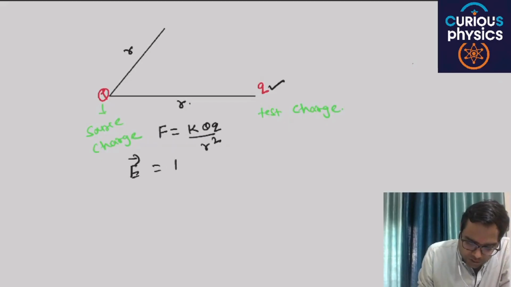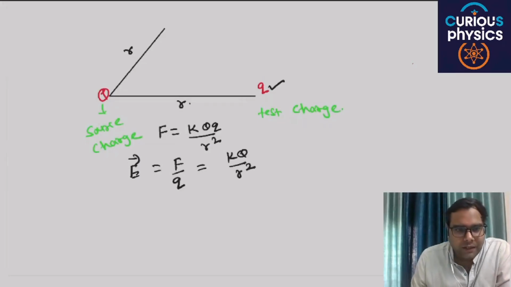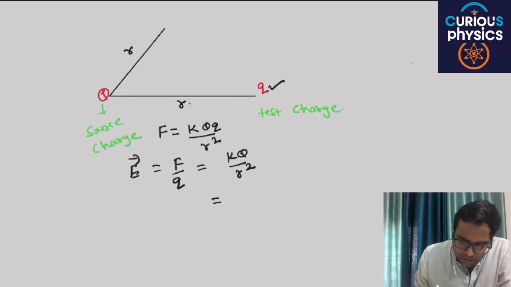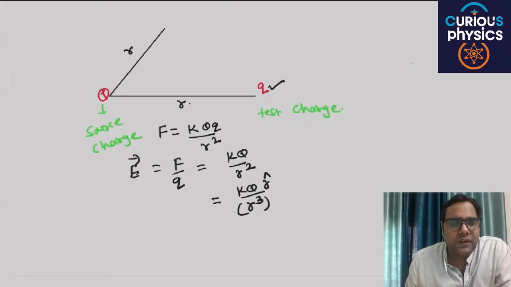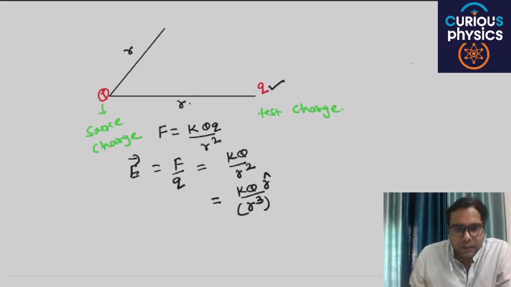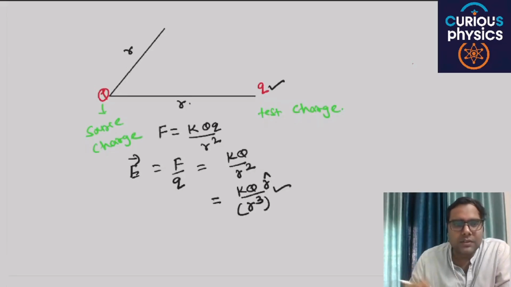This force per unit charge is equal to kQ by r square, and in vector form, you know already, it is kQ r unit vector by r cube, where r is the position vector. But here the idea is how to understand the concept of electric field. Are you getting my point?